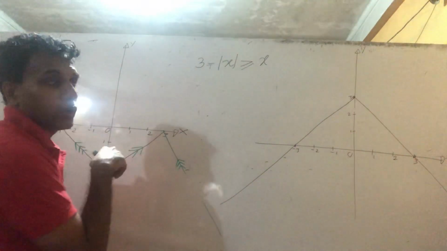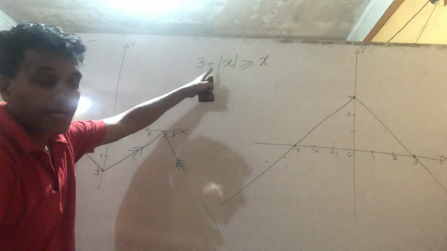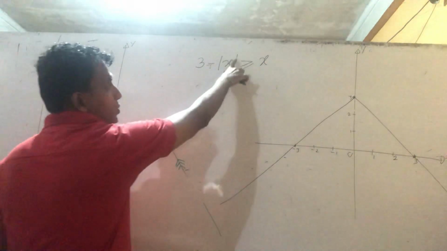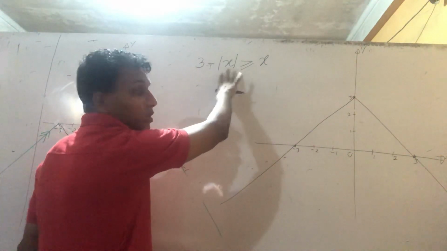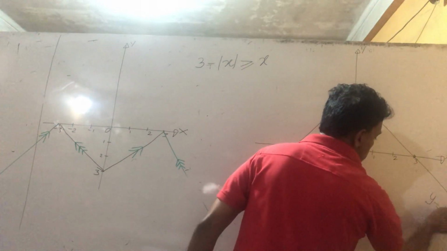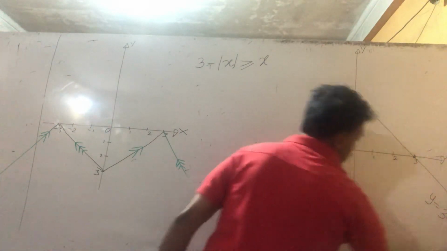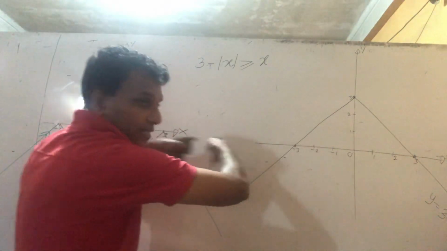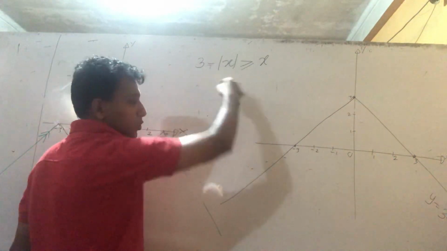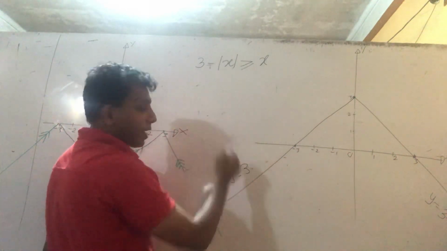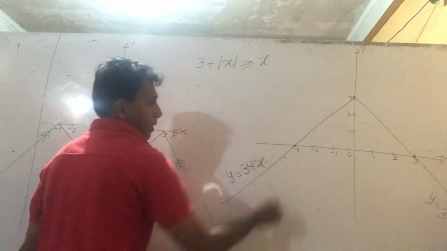Okay, this is the part we drew, the y equals 3 minus mod x graph. It has 2 portions. If x is positive, y equals 3 minus x, that's this side. If x is negative, this side, x less than 0, y equals 3 plus x.